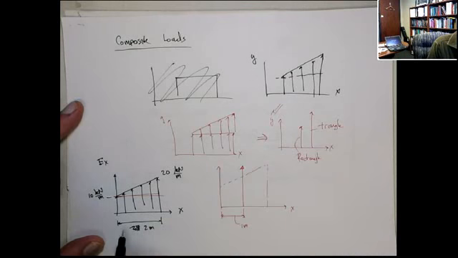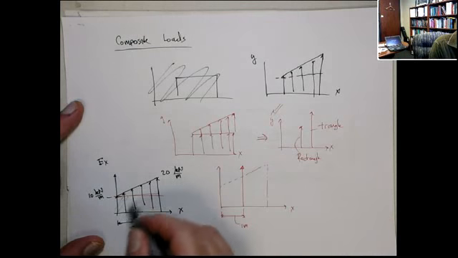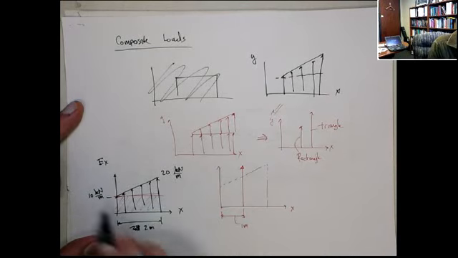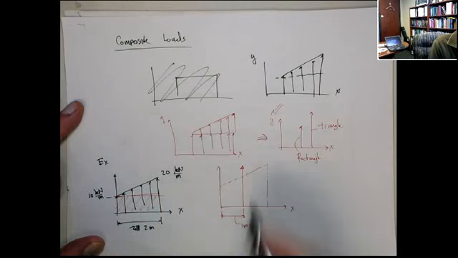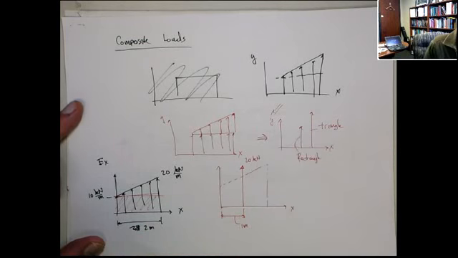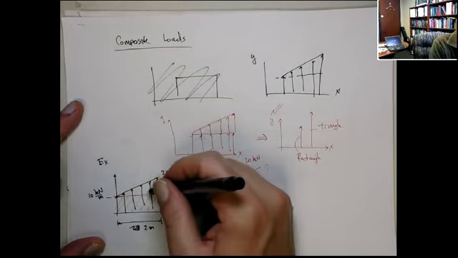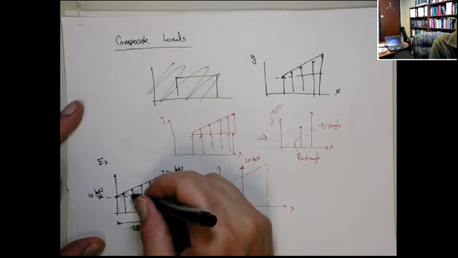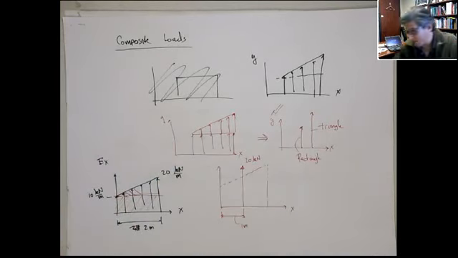This magnitude is going to be the area, so it's 2 meters times 10 kilonewtons per meter. So it's going to be 20 kilonewtons. Right? Now we're also going to have one that comes just from this triangle region here.